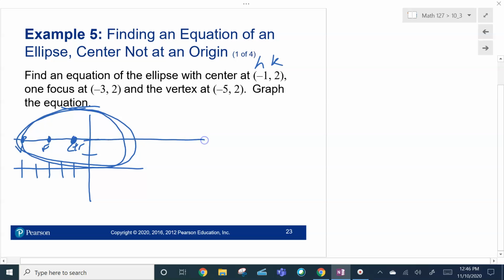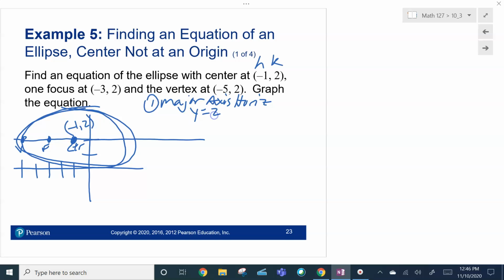Let me draw that. The major axis is horizontal and goes through the point (-1, 2), so its equation is y equals 2. Our minor axis is vertical, so the minor axis is at x equals -1.